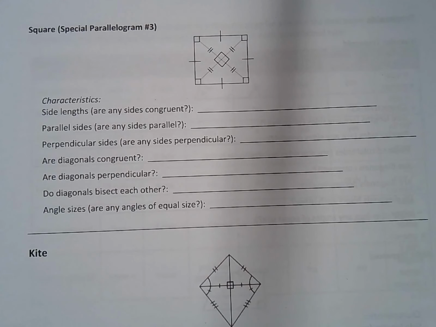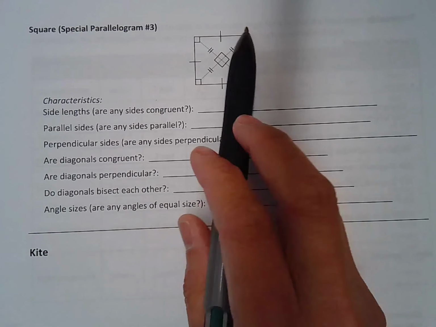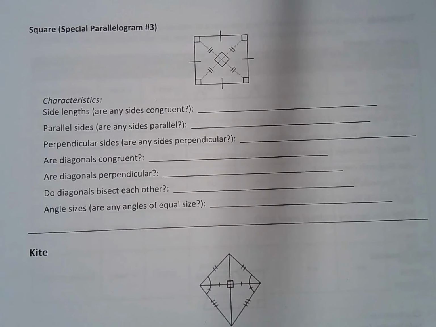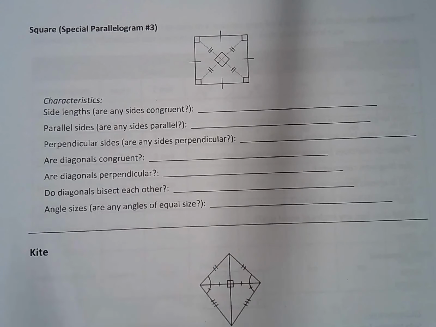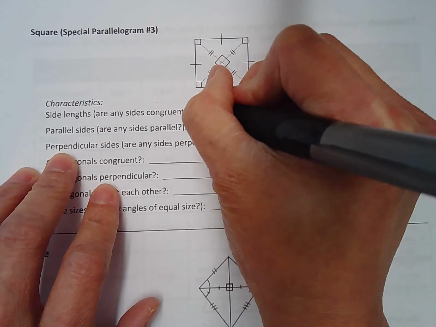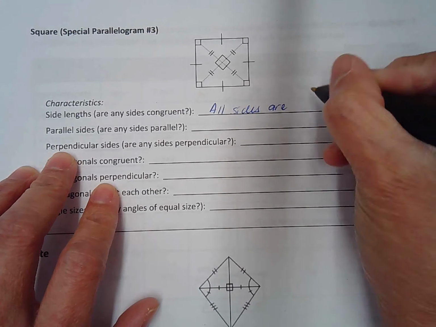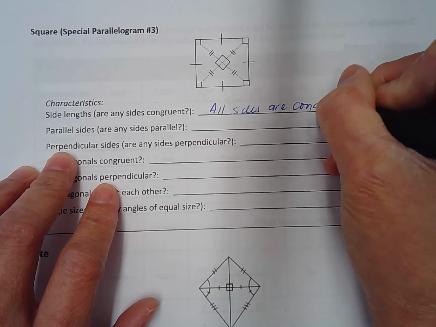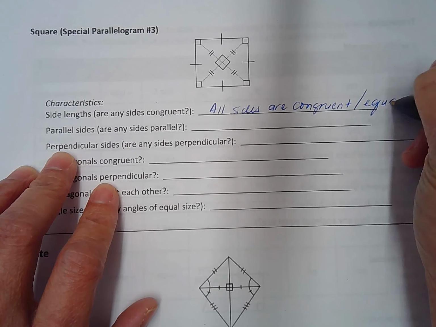So, square. Everybody knows what squares look like? Let's take a look and see. How do we describe this square? What can we say about side length? Any sides congruent? All sides are congruent, or we can say equal.